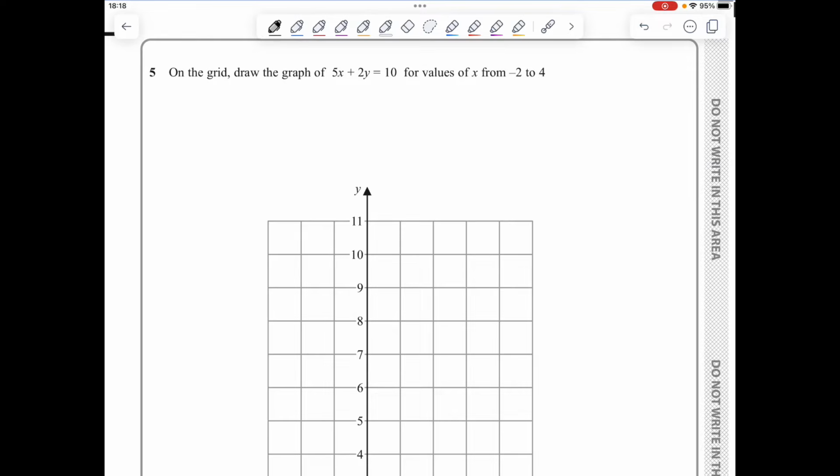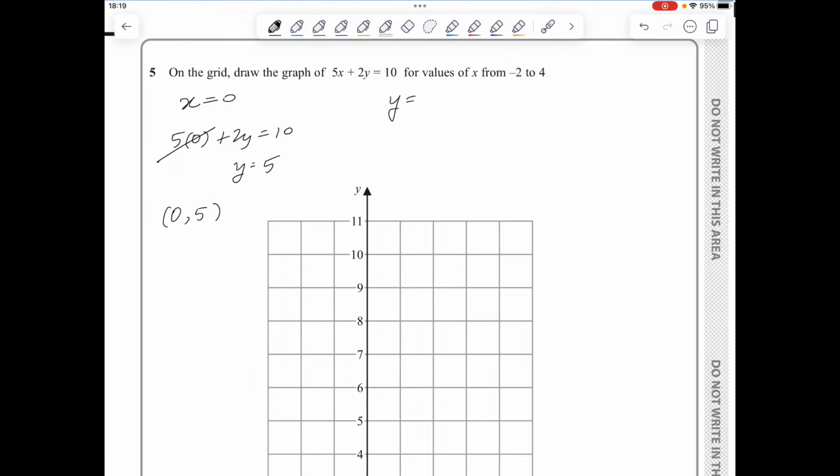In question 5, I'll start by setting x equal to 0. So 5 times 0 plus 2y is equal to 10. This goes away. y is equal to 10/2, which is 5. So I've got the point (0, 5). That's the y-intercept.